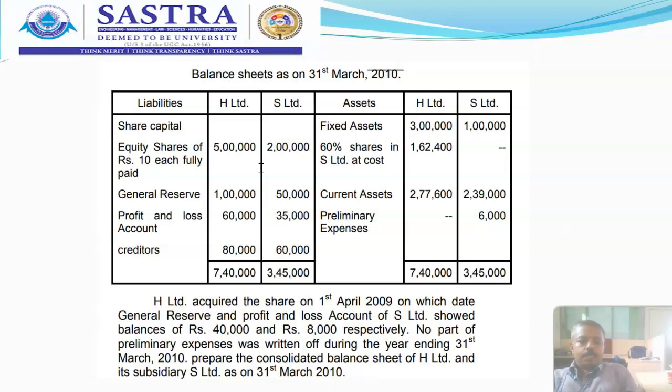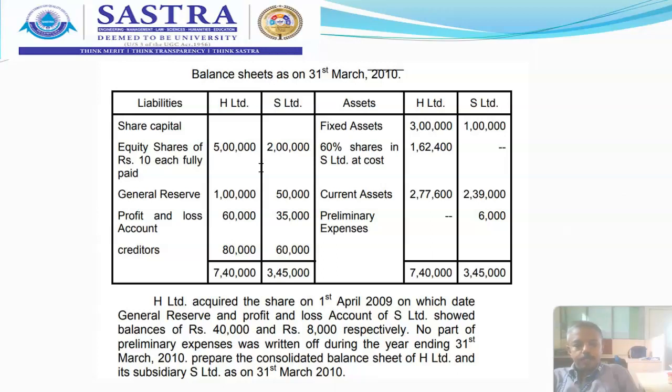Now, the first step is that we need to calculate goodwill or capital reserve. Second, we need to calculate minority interest. For this, we need to know the extent of capital profit and the extent of revenue profit of the subsidiary that the H Limited is having.